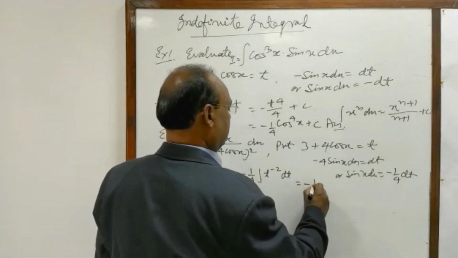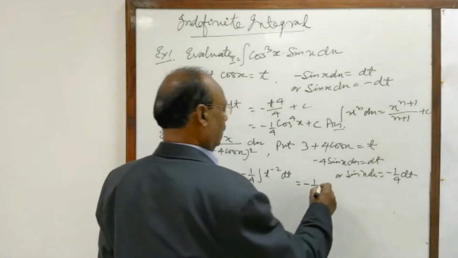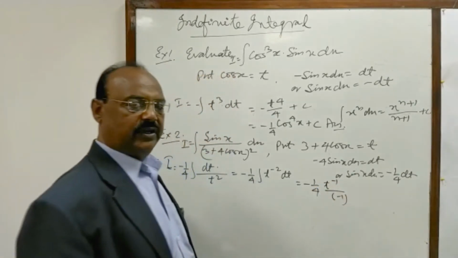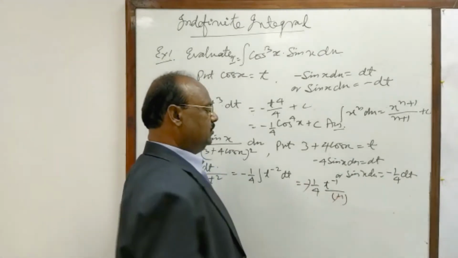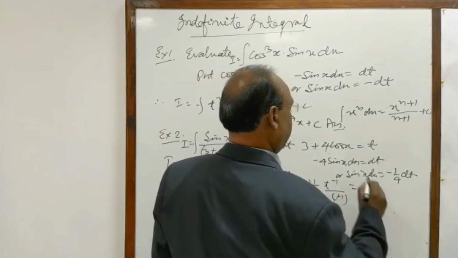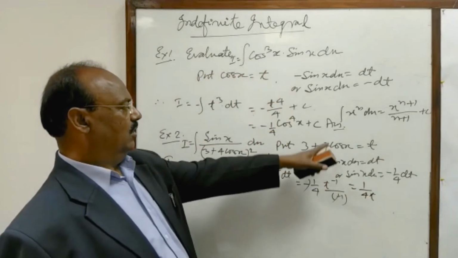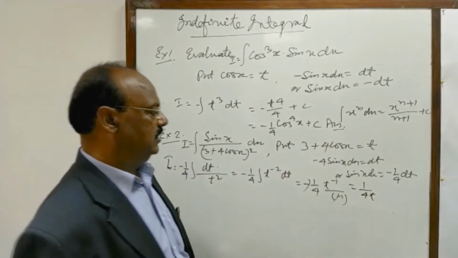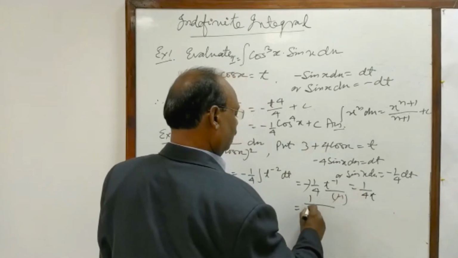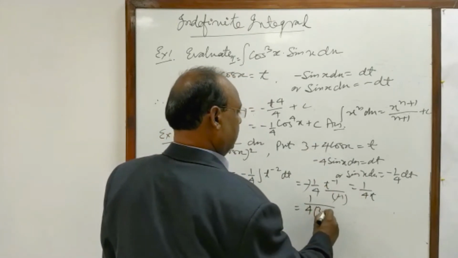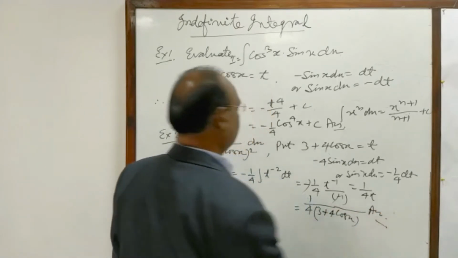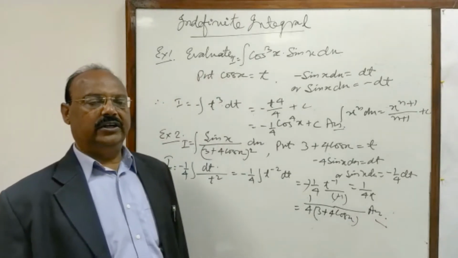This integral is minus 1 by 4 into t to the power minus 1 divided by minus 1. This minus sign will be cancelled out. So finally we are getting here 1 by 4 t. In place of t we will put the value 3 plus 4 cos x. So we are getting the answer: 1 upon 4 into 3 plus 4 cos x. This is the answer.